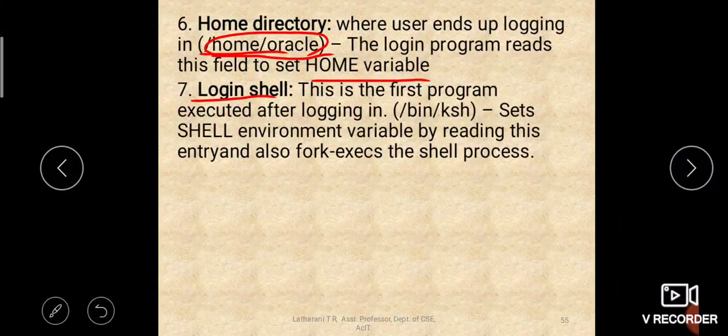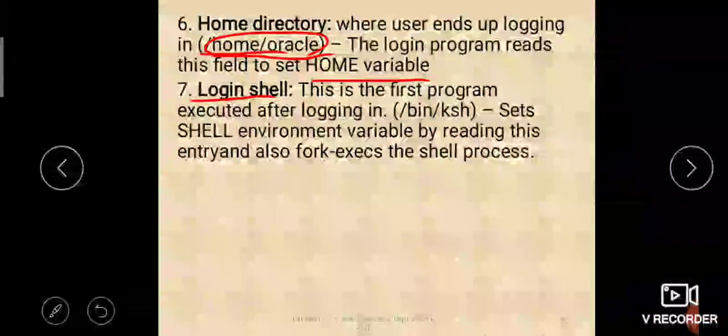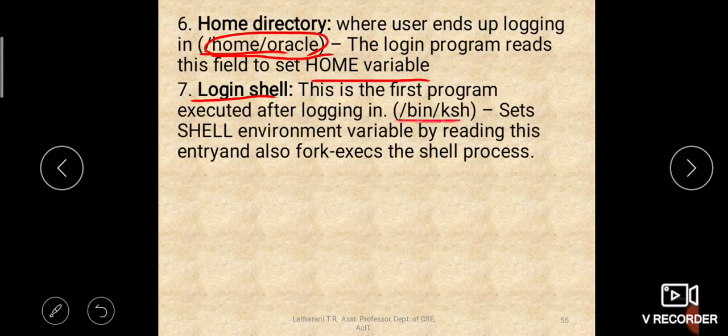Okay, because when we log in, the interface should be available so that the user works with the system. And which is the interface in the Unix operating system? The shell is the interface. So as soon as the user logs in, the shell will be available to the user, and here it is /bin/ksh. Okay, so here we are using the Korn shell.